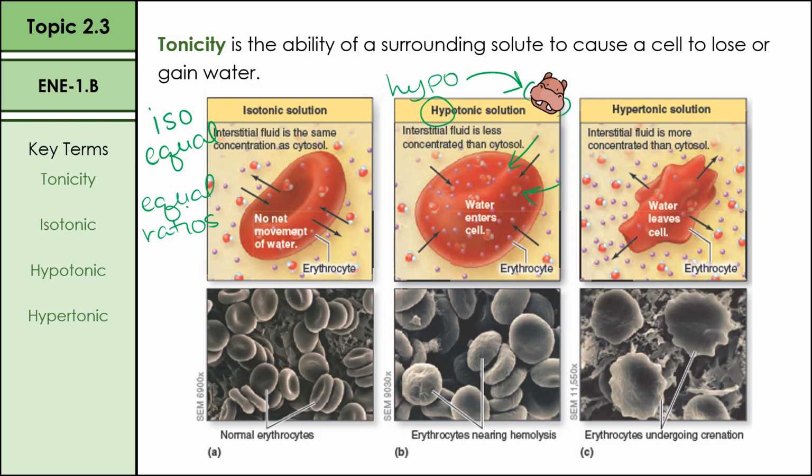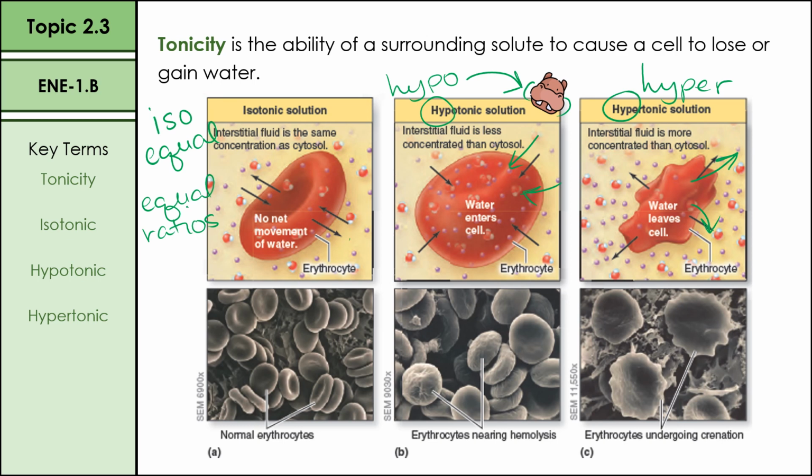In a hypertonic solution, so we have hyper and hypo, that's where our water is moving out. So we are shriveling up. All of our water is moving out, and this isn't good for our cells either when they shrivel up.